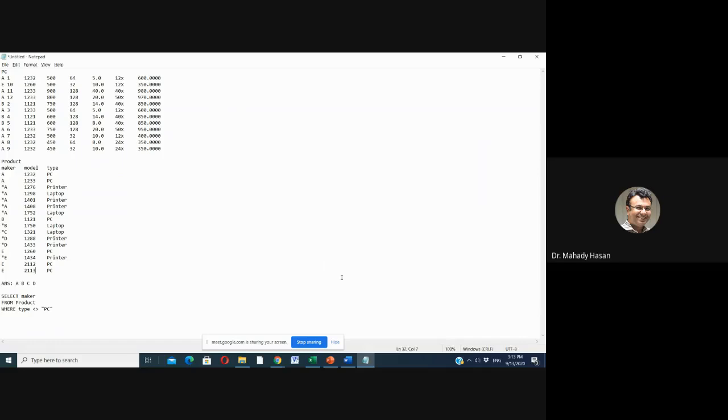So how about finding the models that is there in product table but not there in PC table?